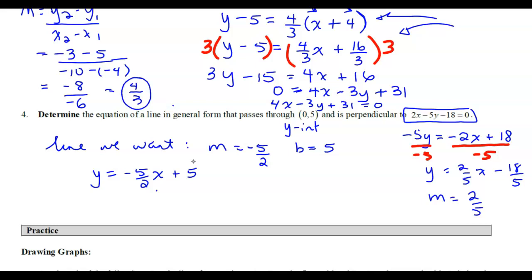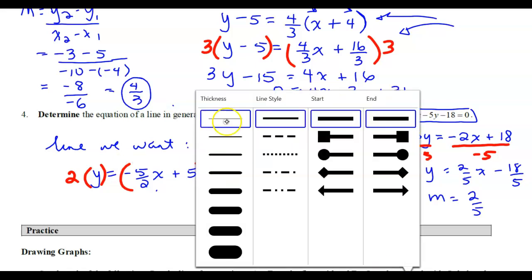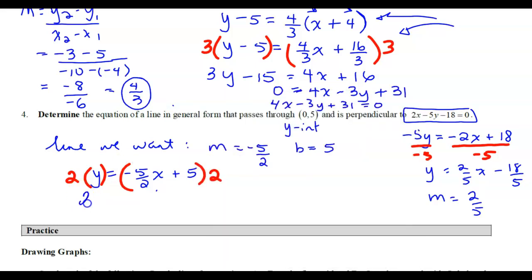But it says in general form. So in general form, can't have fractions. So multiply through by 2. Just remember that every term has to get multiplied by 2.